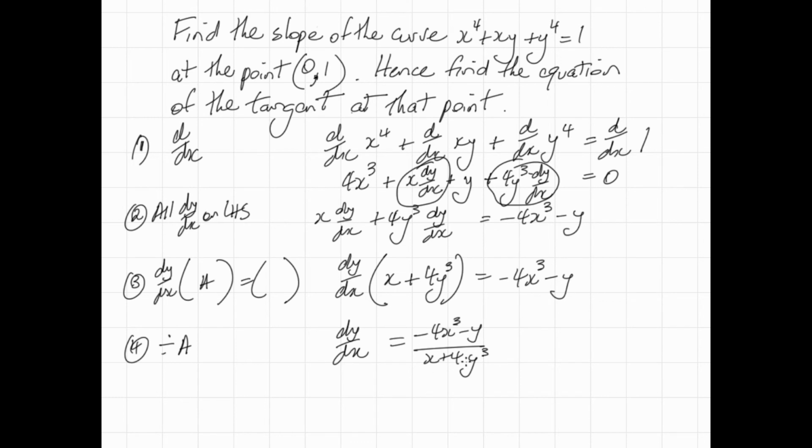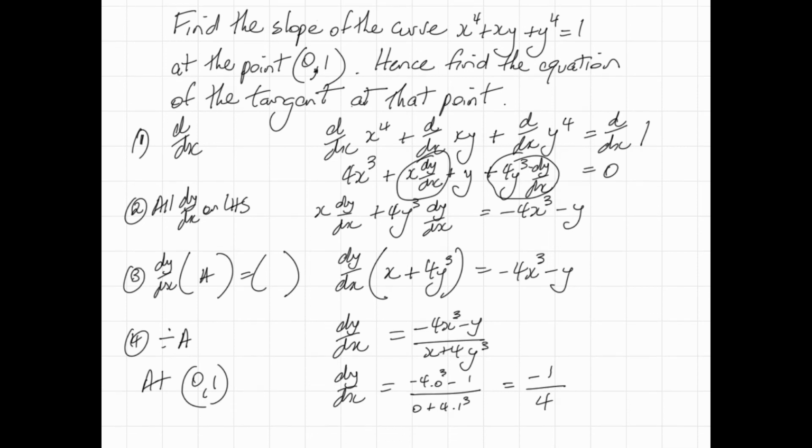So if we want to find dy/dx at (0, 1), we sub in 1 for y and 0 for x, so that'll be minus 4 times 0 cubed minus 1, over 0 plus 4 times 1 cubed, and that'll be equal to negative 1 over 4. So that is the gradient at the point (0, 1) on the curve.